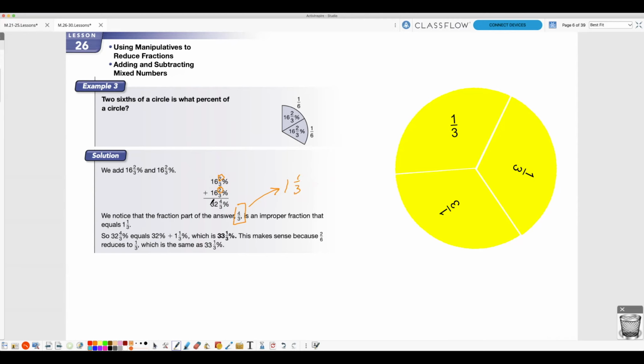So if you have 32 4/3 combined, that should end up being 33 1/3 because 32 plus the 1 is 33. And then you can't forget that you had the 1/3 there as well. So 33 1/3%.